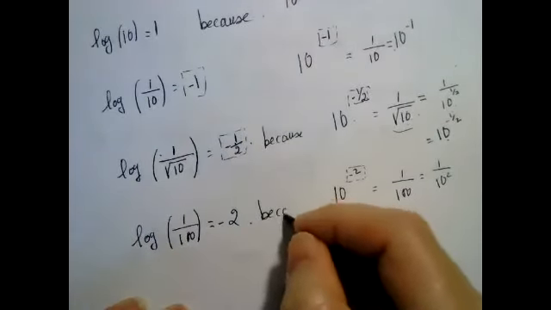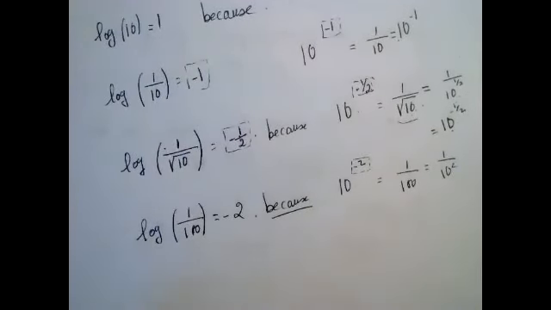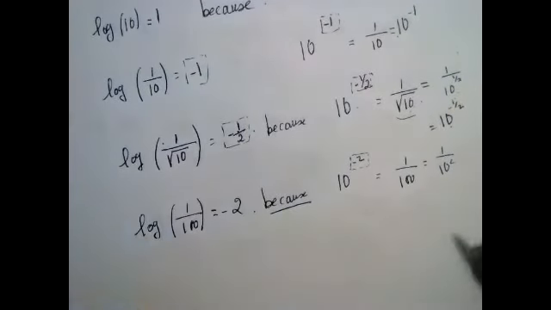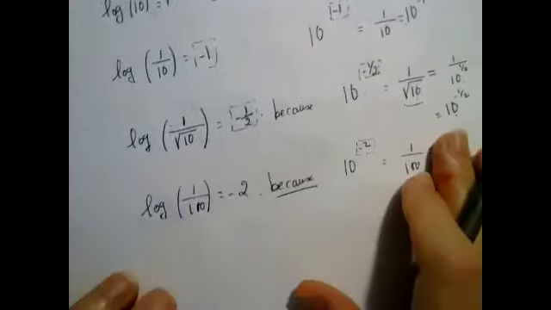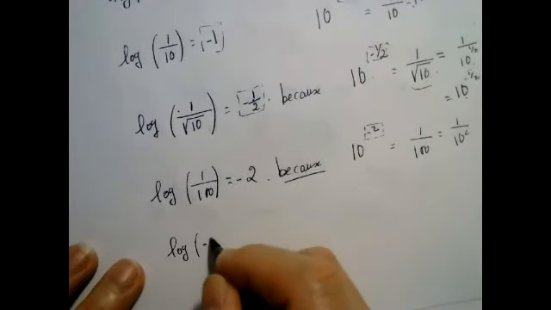So log of 1 over 100 is, honest to goodness, negative 2, because 10 to the minus 2 is 1 over 100. So don't be afraid. Just use the meaning of it. Now let me ask you the following question, all of you. What's the log of minus 1?